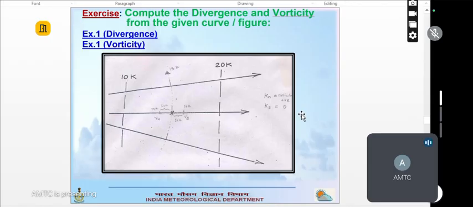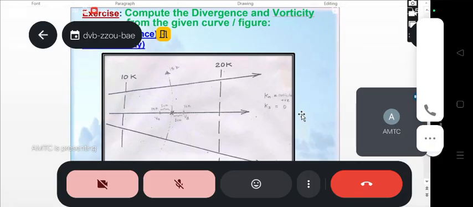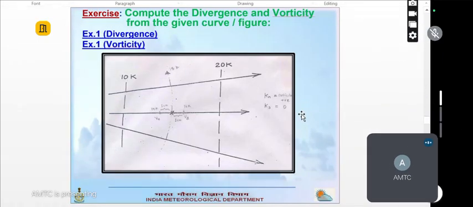So first of all, tell me whether there is any velocity in these three lines. Anyone? Is there any velocity term in these three lines? Yes or no?